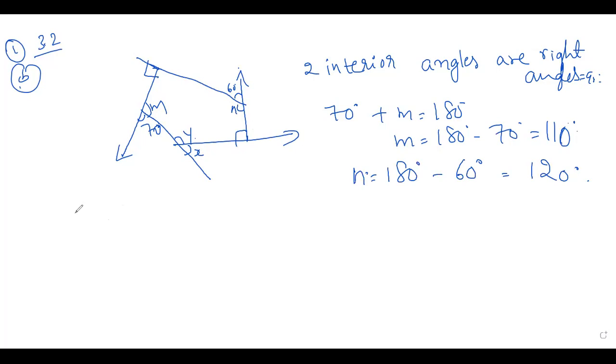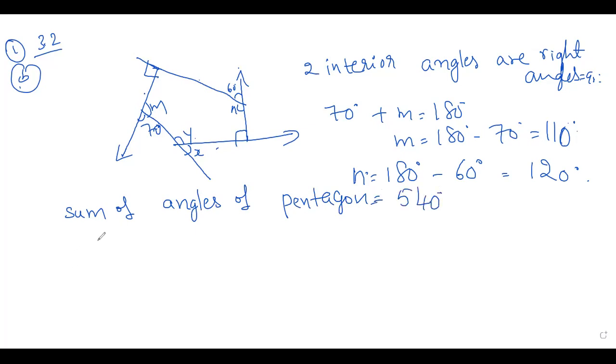So the sum, how many sides are there? 1, 2, 3, 4, 5, right? Sum of angles of a pentagon. Already you know this children, it is 540, right?